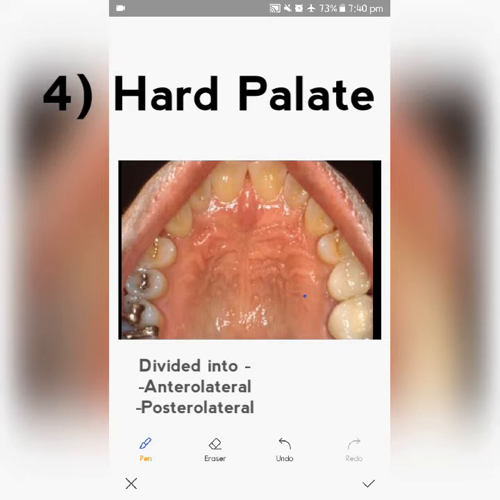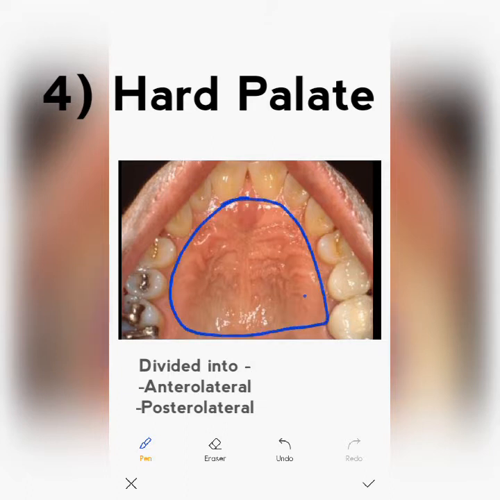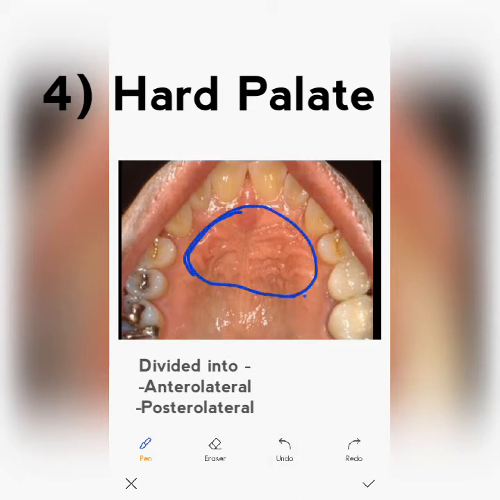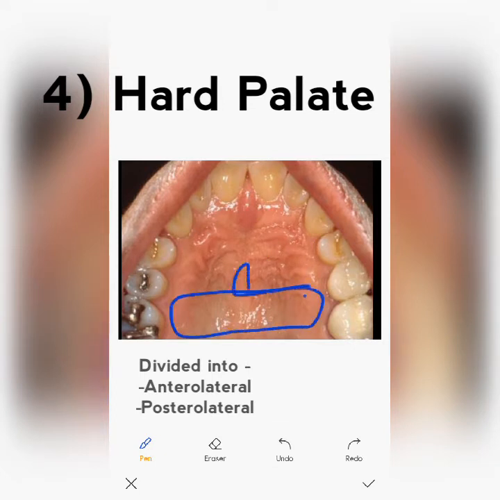So this is your hard palate, and this is the anterolateral hard palate, and this part can be your posterolateral hard palate.